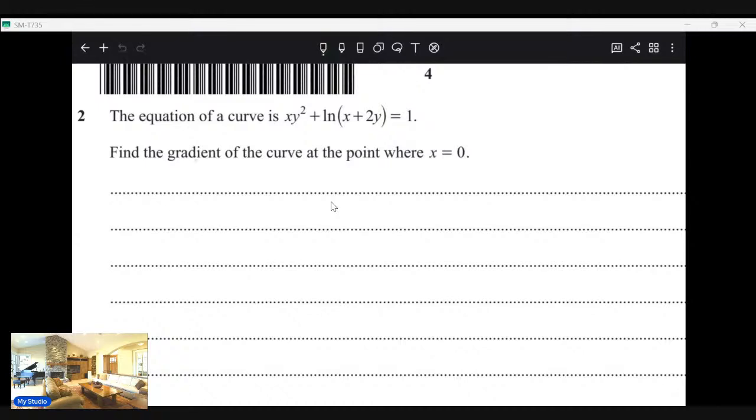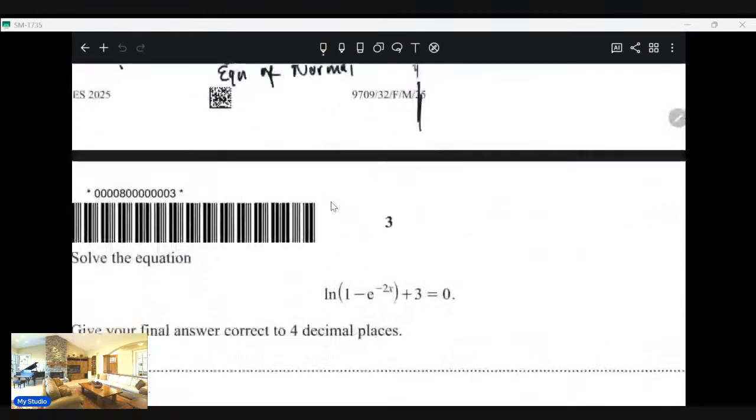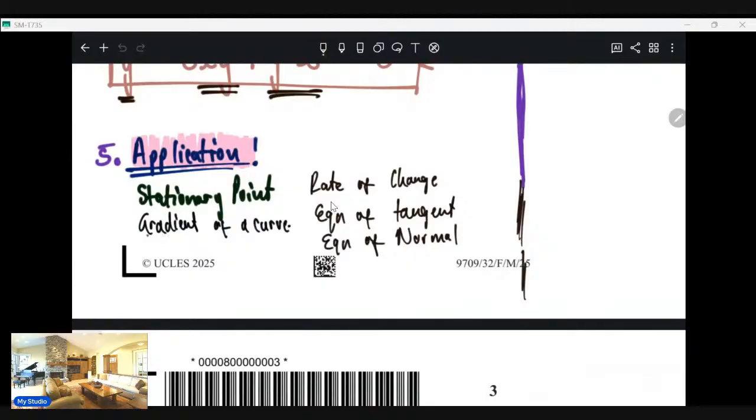The only way to find gradient of a curve is by differentiation. So they are actually asking you to differentiate. This is how they will ask you. They'll ask you to find something here. But remember, the only way to find that thing is by having the derivative first. Find the derivative. Then you can apply it. Are we together?